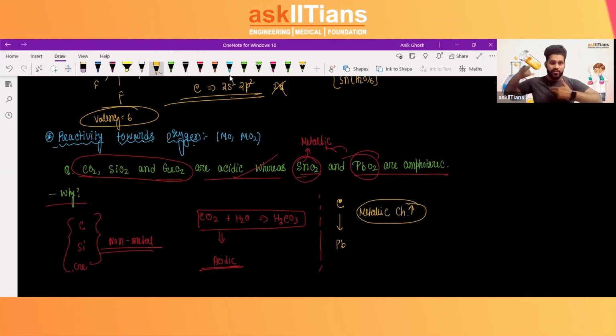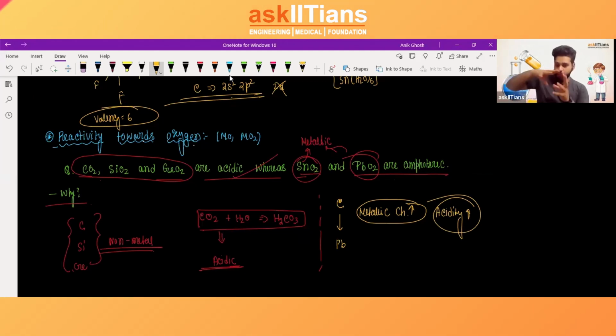If the metallic character is increasing, then what would happen? Then definitely basicity would be increasing. Now if you want to convert a base to an acid, you have to go through the intermediate stage where the system is acting like both an acid and a base, amphoteric. Then it would be turning into acidic oxides.